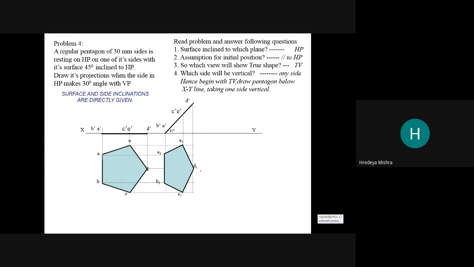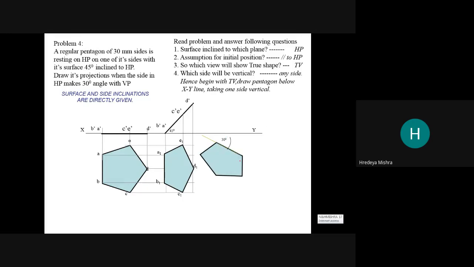Now the third step is a side is 30 degrees from VP. So we can say that we will rotate this 30 degrees from the vertical plane. So this is in the horizontal plane. See, 30 degree. This is 30 degree.